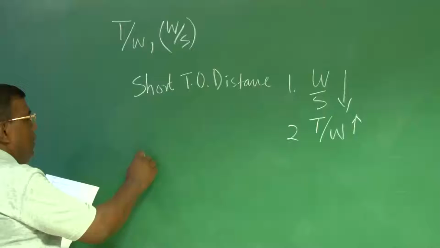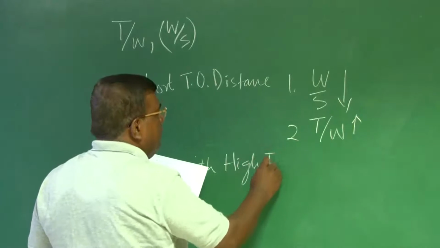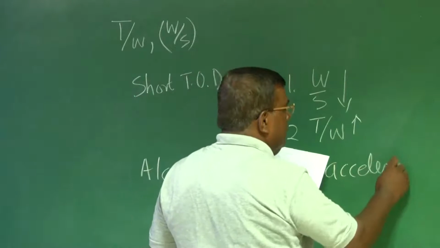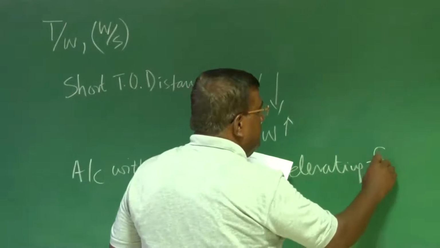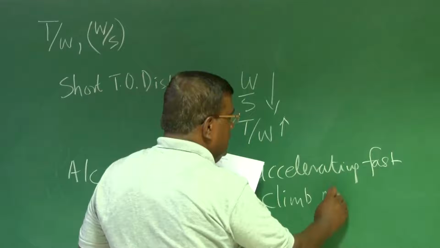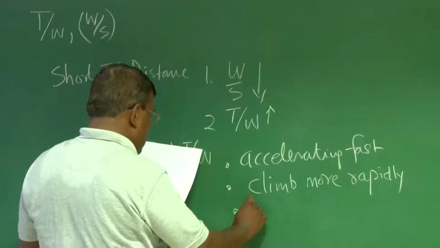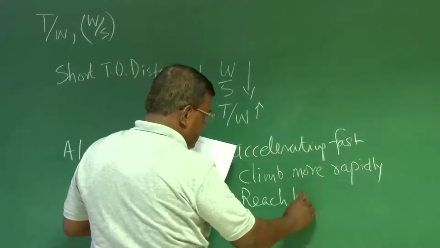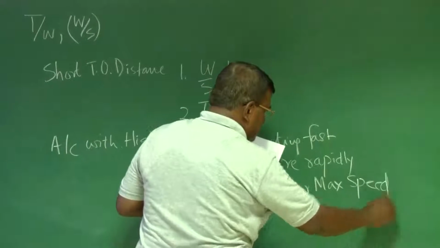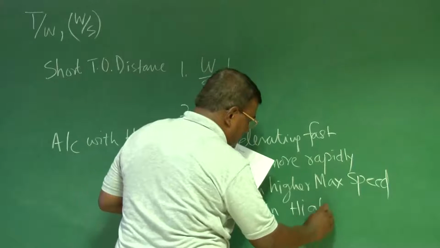Also we have understood aircraft with high T by W will help in, number 1, accelerating fast, number 2, climb more rapidly, number 3, reach higher maximum speed, and sustain higher turn rates.